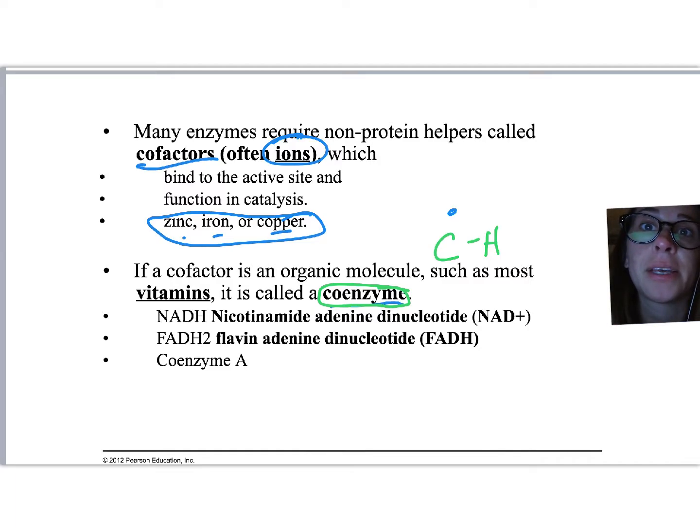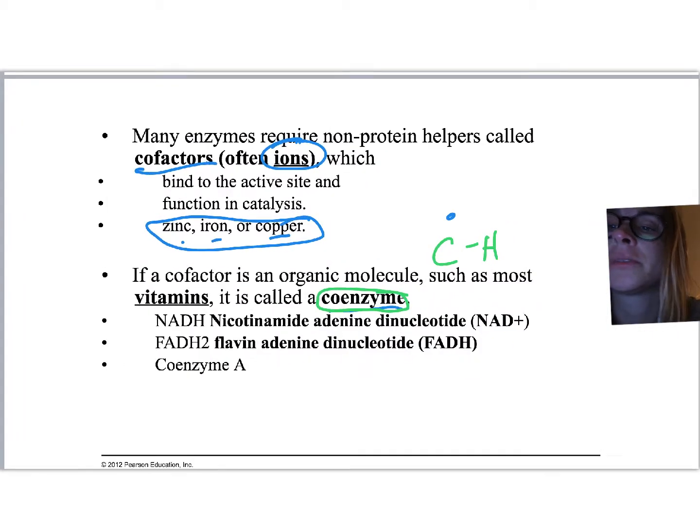And when we're talking about cellular respiration, we're going to talk about two really, really important types of coenzymes, right? So they're going to be nicotinamide adenine dinucleotide. I said that 3 times fast, right? Just think of it as NADH, and when it's ionized, NAD+, okay?